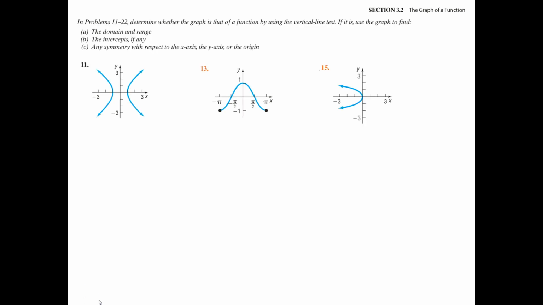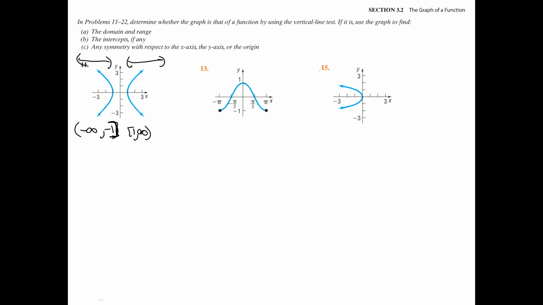Find the domain and range. Domain, possible x values: you go from -infinity up to -1. We get to include -1, and we go from 1 out to infinity. These are the possible x values.